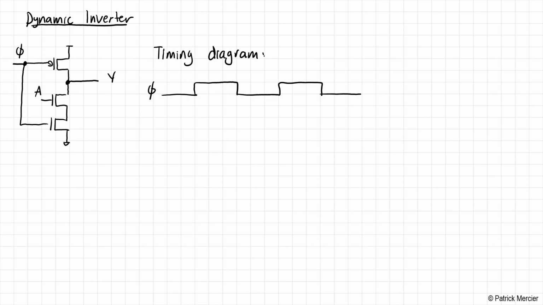This is just a normal clock signal, so it goes high and low alternately with a 50% duty cycle. Now, when I'm evaluating a dynamic logic circuit, I like to be very clear with myself and very clearly indicate what mode of operation the device is in. When phi is low, we're in the pre-charge phase. When phi is high, we're in the evaluate phase.